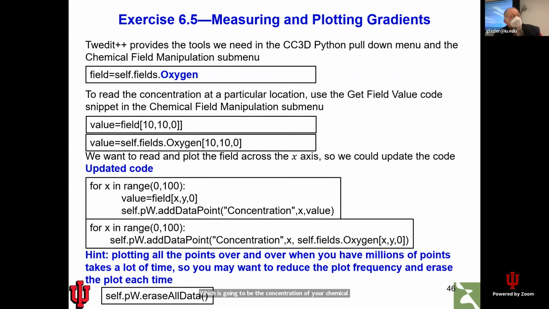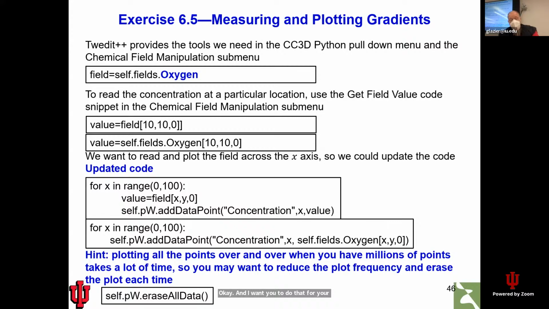Then in the step function, I want you to step across your simulation, however big the simulation is, and plot the position and the value of the field as a function of the position. Okay.